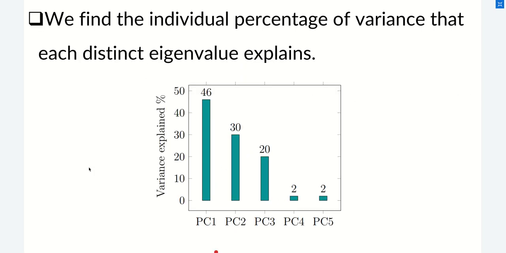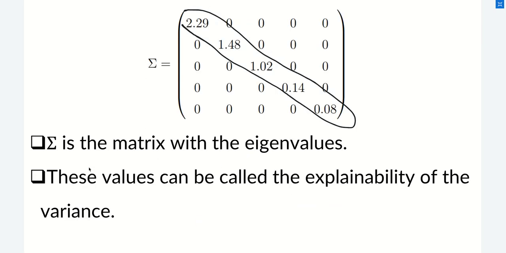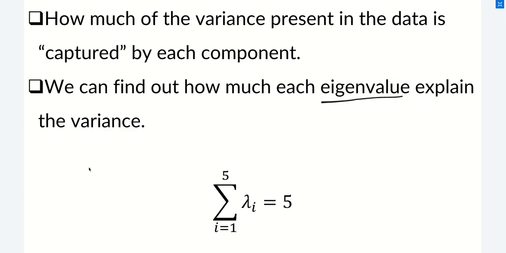Now, when you take this, what we are going to do is the total is 5, right? So we are going to have 2.29 divided by our 5. Then times what percentage are we using?